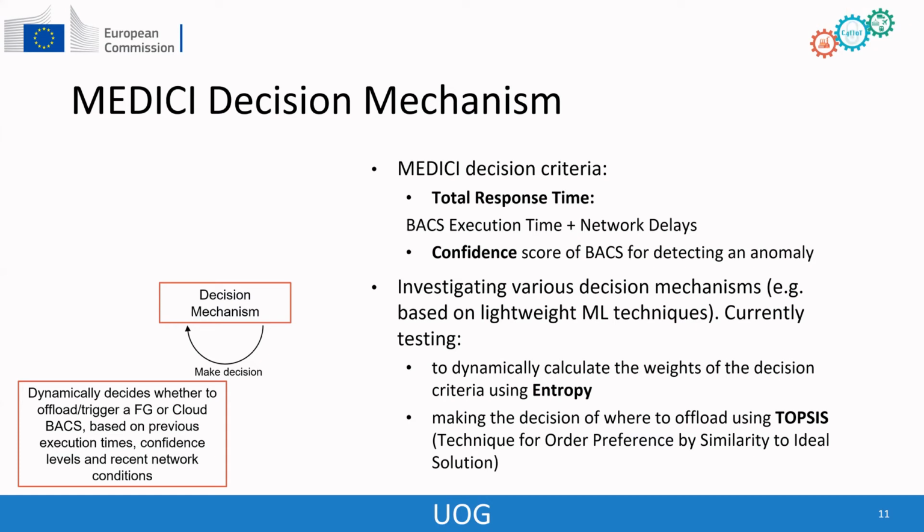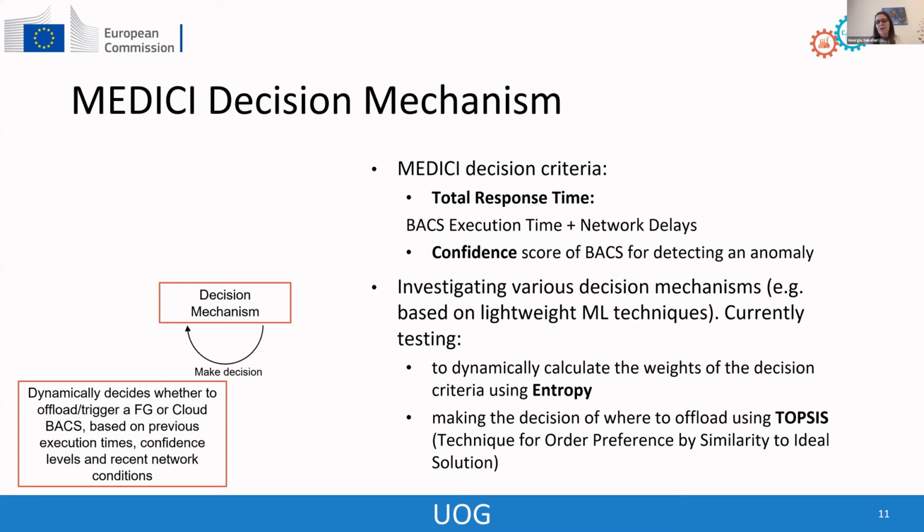And we have investigated various decision mechanisms. What I need to say here is that we're trying to make this model agnostic. So we don't really know what type of models BACS runs every time. It might be many different models in the same device, or it can be multiple field gateways or multiple clouds and multiple models in each one of them. So we wanted to make this as model agnostic as possible.